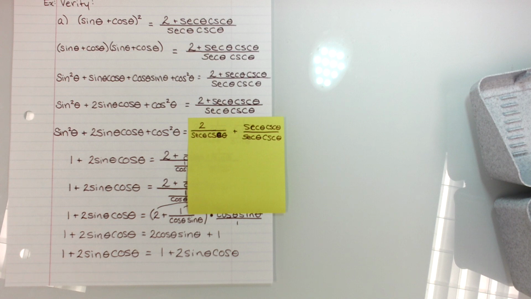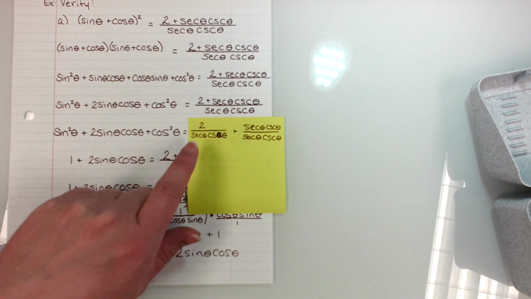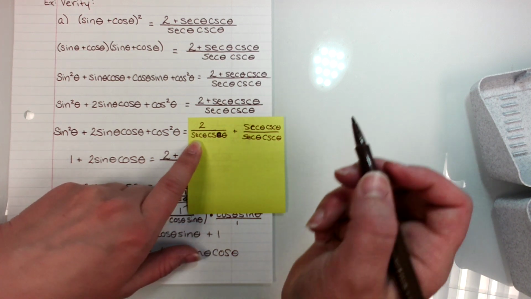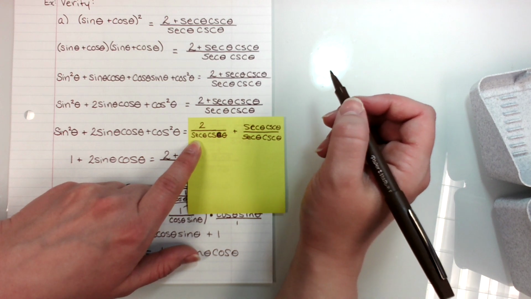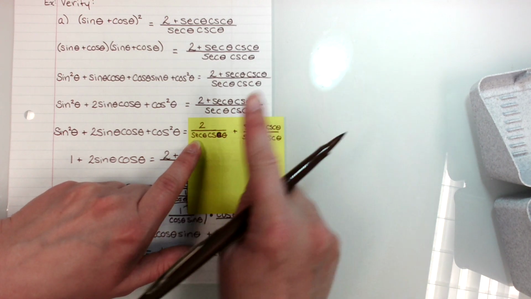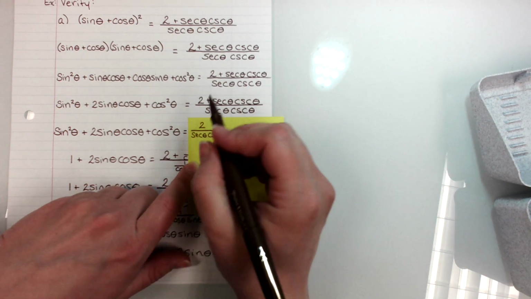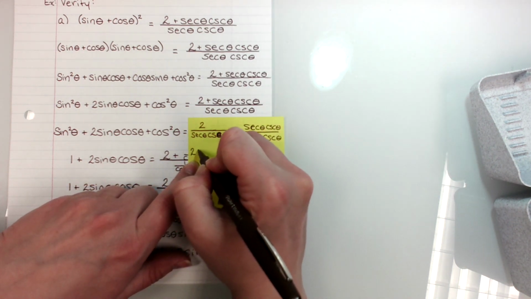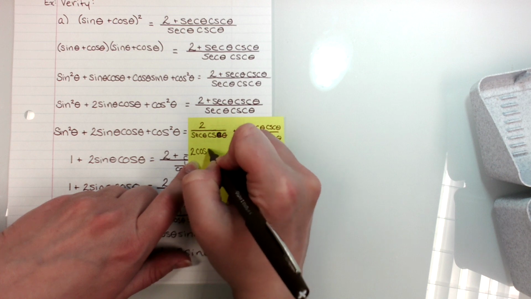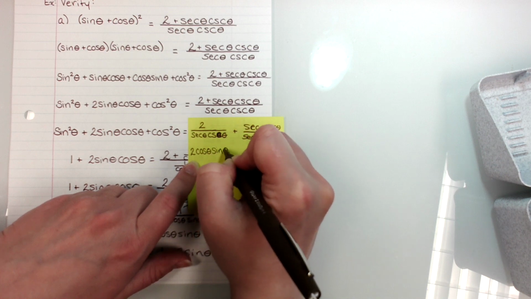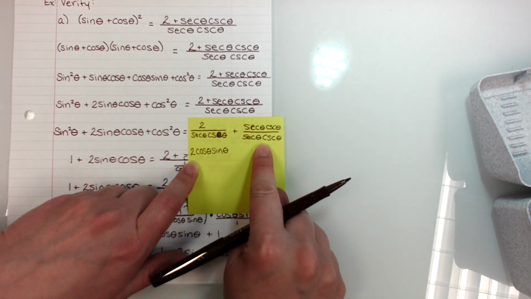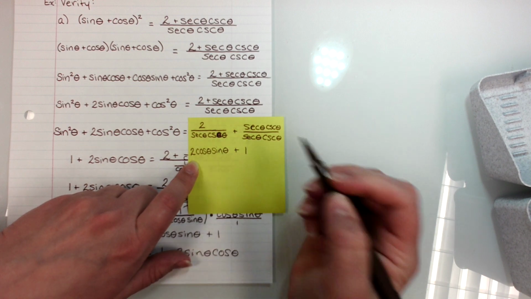Had we done that, what is dividing by secant the same as multiplying by? Cosine. What's dividing by cosecant the same as multiplying by? This could have easily just changed automatically into 2 cosine theta sine theta. And this would have turned into a 1.